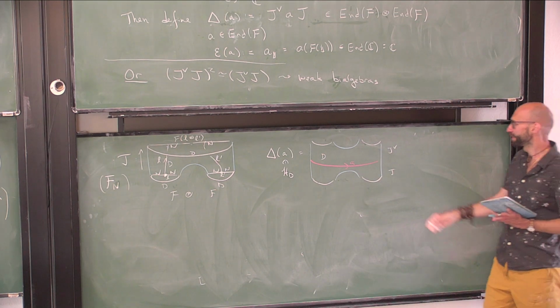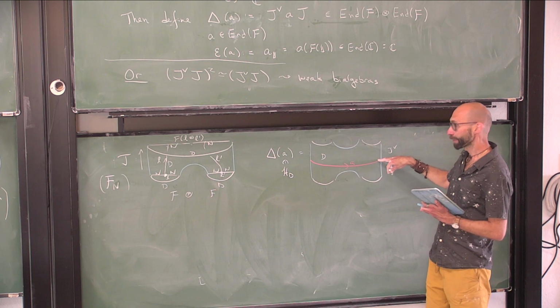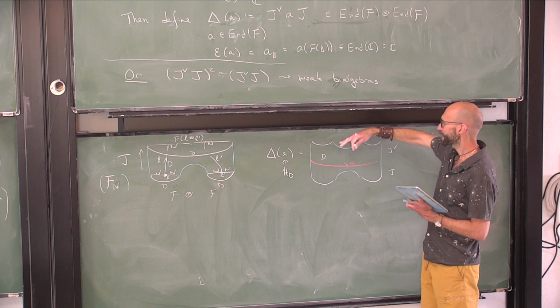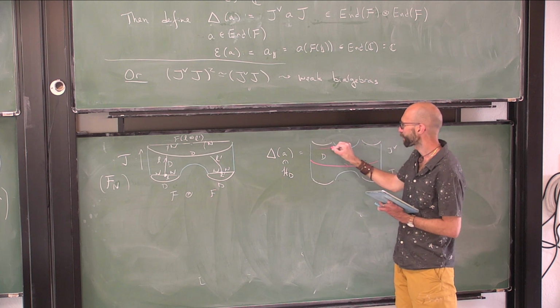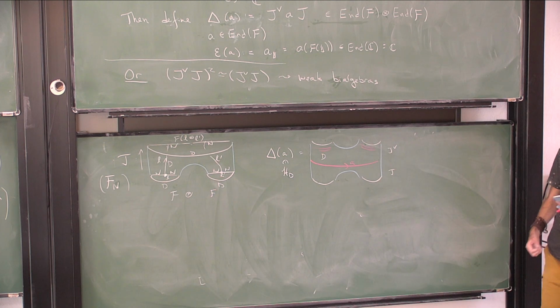So in particular, if you can figure out what this operator stretched all the way across looks like when you bring it to the top, and maybe it decomposes into some things over here and some things over here, that's a computation of the coproduct.